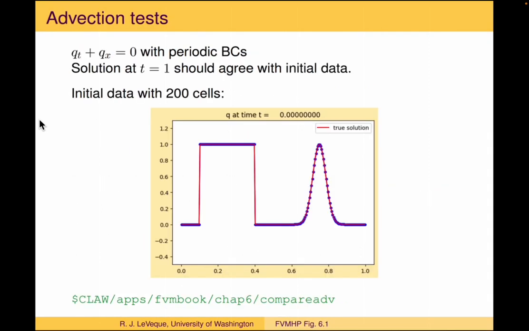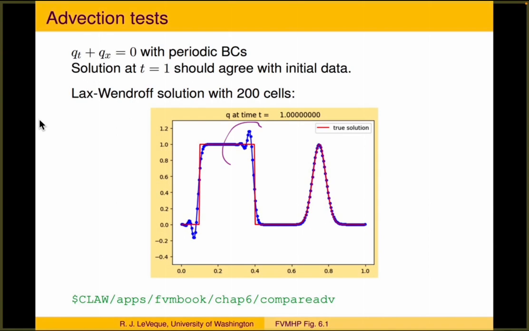So if we do the same experiment we've looked at before with the advection equation, but using now the Lax-Wendroff method, then what happens is that after it's revolved once around this interval and come back to where it should be agreeing with the initial data, because of this dispersion, we get these dispersive ripples that appear around the discontinuities.